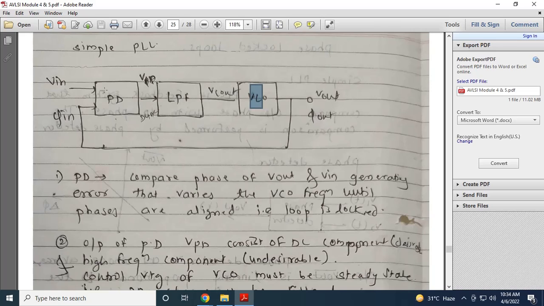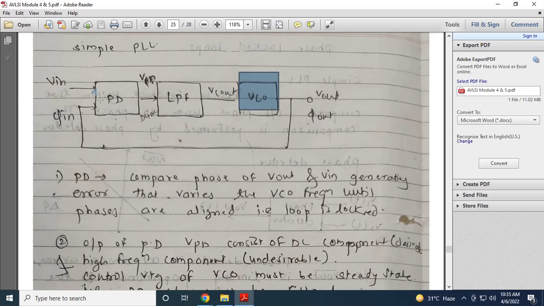So the phase detector will compare the phase of the output signal and input signal and generate the error. That will vary the controlling voltage, and the controlling voltage will change the output signal frequency until the phases are aligned, or we can say the loop is locked.